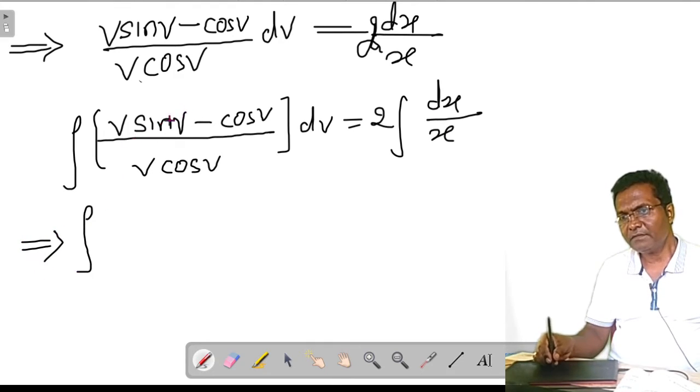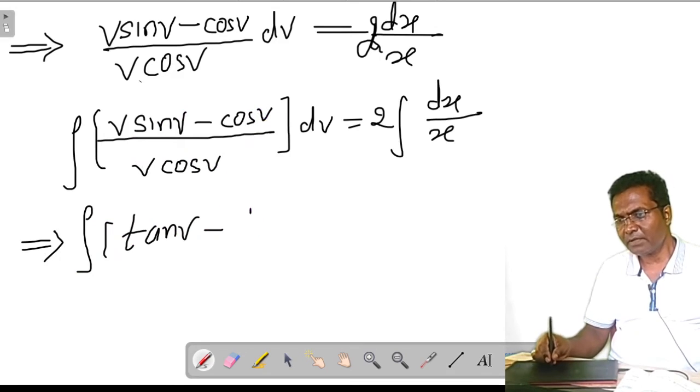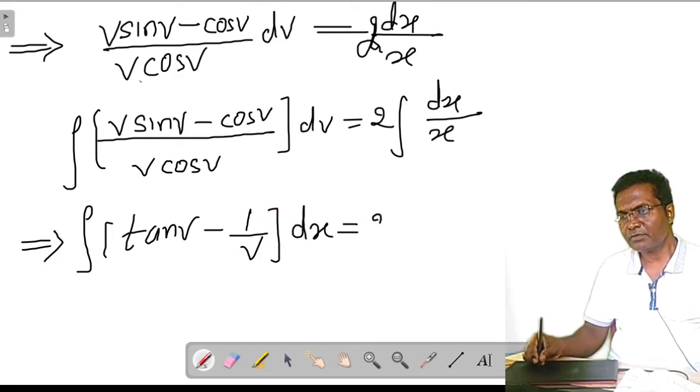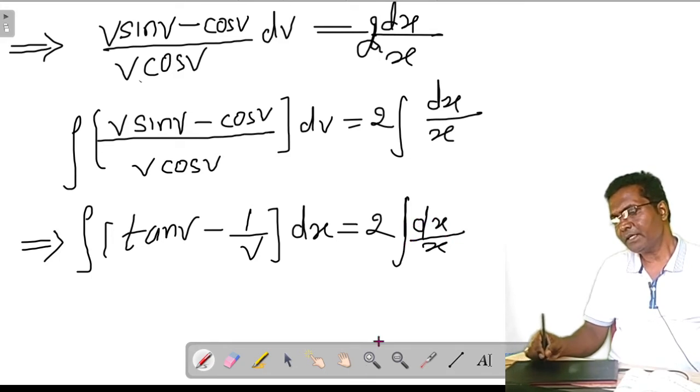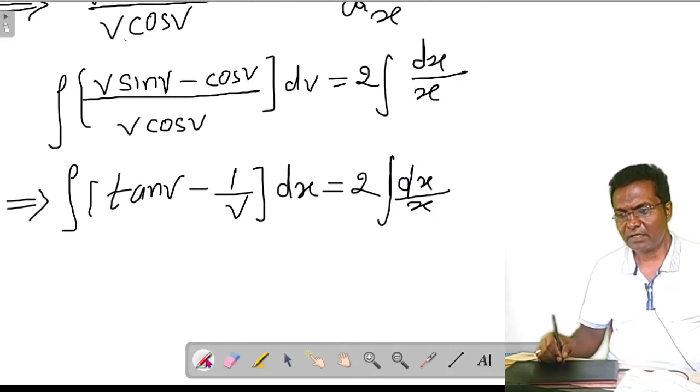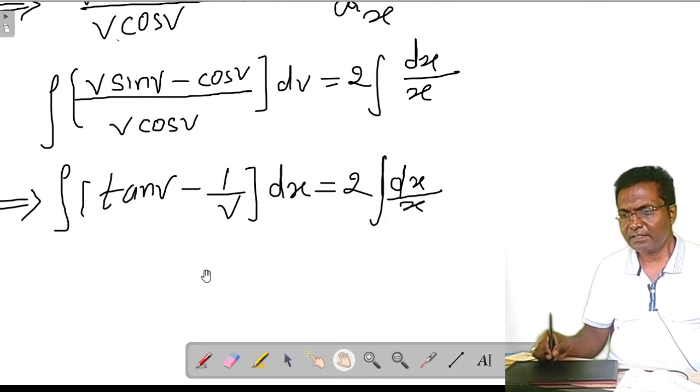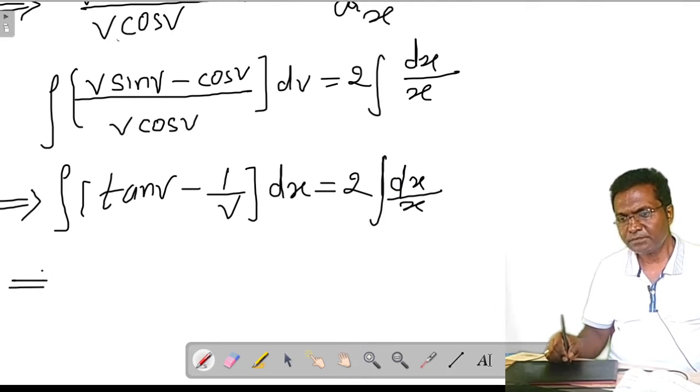If I divide v sin v by v cos v, you will get tan v, because v gets cancelled. And if we divide cos v by this, you will get 1 by v. So dv equals 2 integration of dx by x.